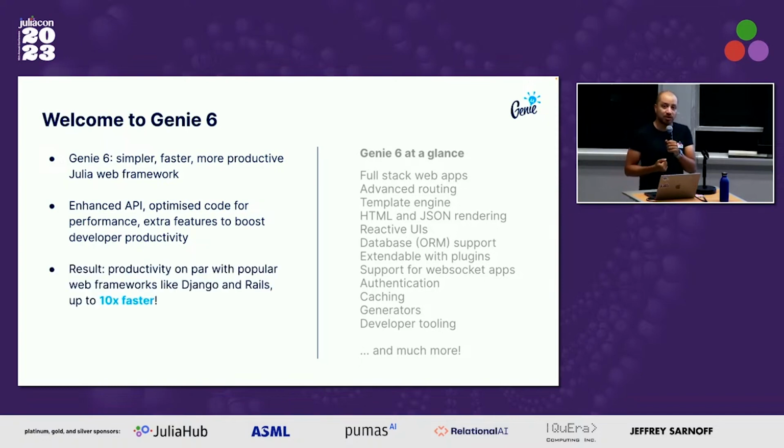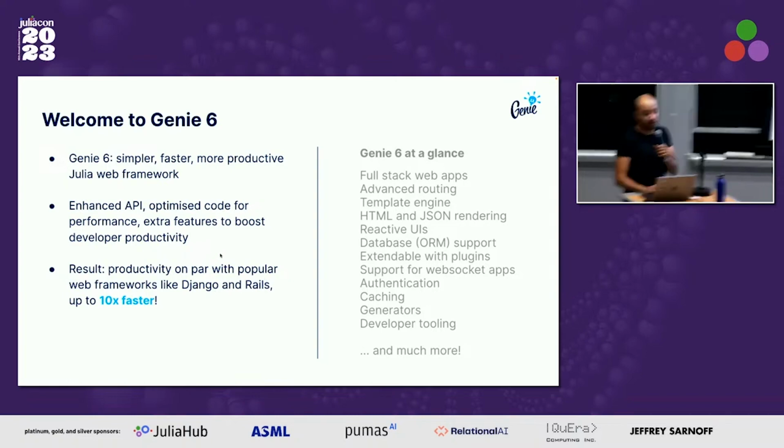As a result, Genie 6 is a framework on par with other popular offerings like Django or Rails, and it's also very fast, up to 10 times faster than these other frameworks. Of course, all of these improvements propagate through the whole full stack, affecting things like template engines, routing, caching, etc., and all of the features offered by the Genie framework.